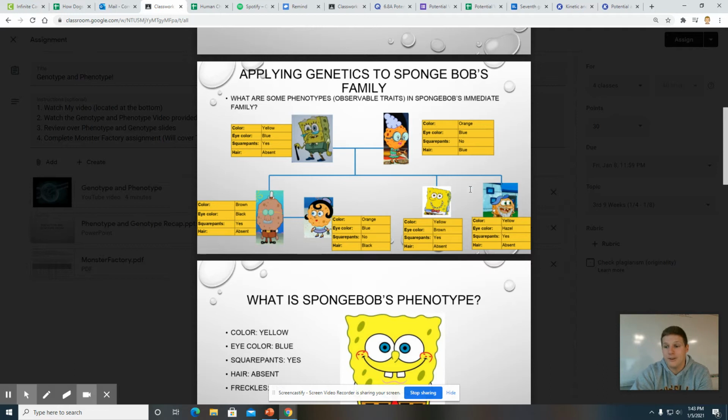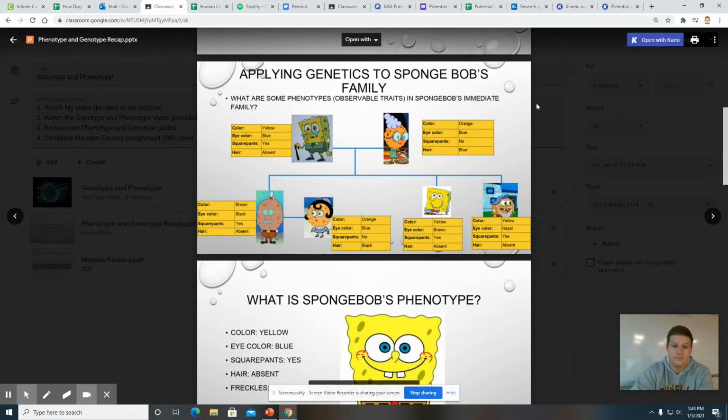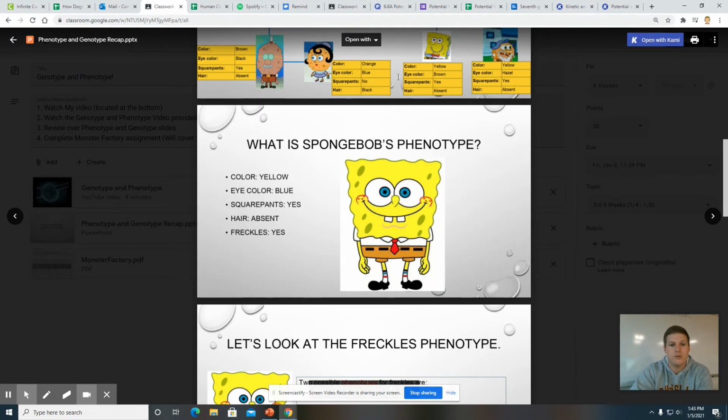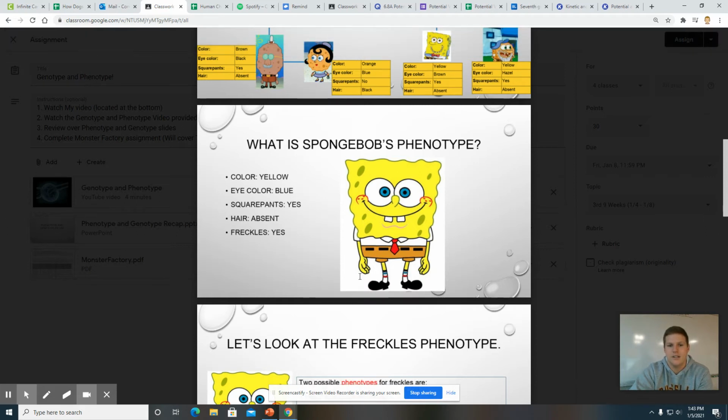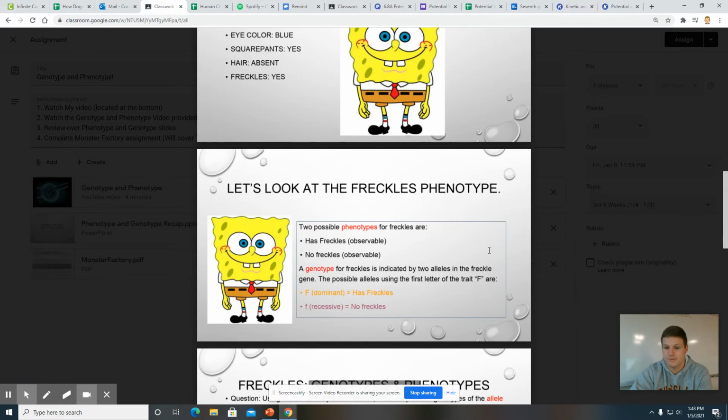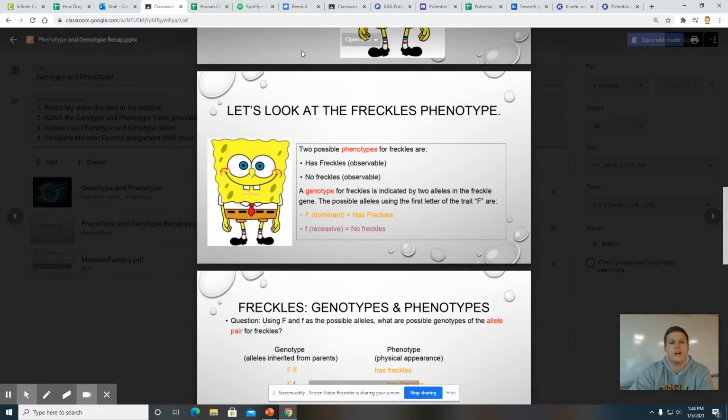Now, we're going to be doing pedigree soon, okay? I just want to go over this with you all. What is SpongeBob's phenotype? He's yellow. He has blue eyes. He has square pants. He does not have hair, and he has freckles. So, let's look at freckles' phenotype. There are 2 possible phenotypes for freckles. You can either have freckles or not have freckles. You can observe that.